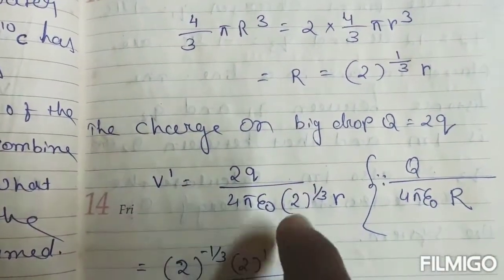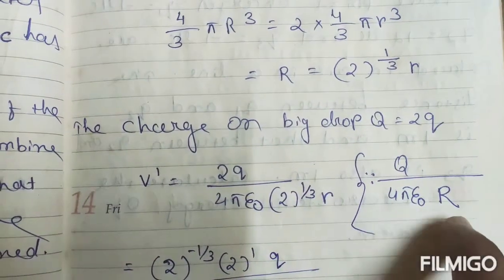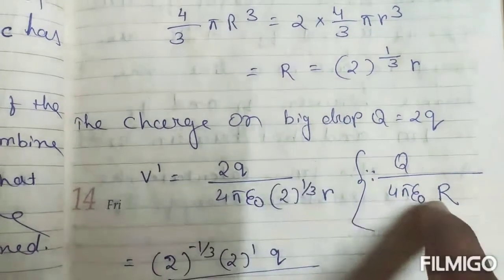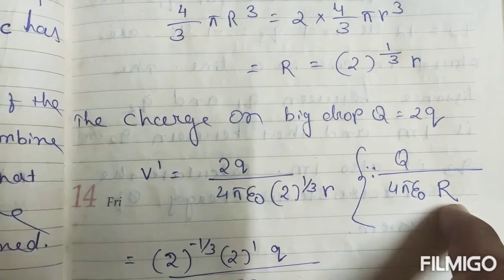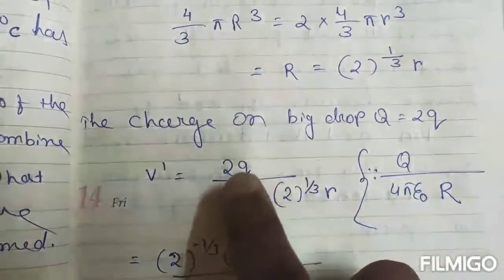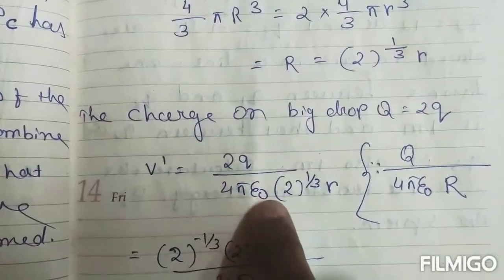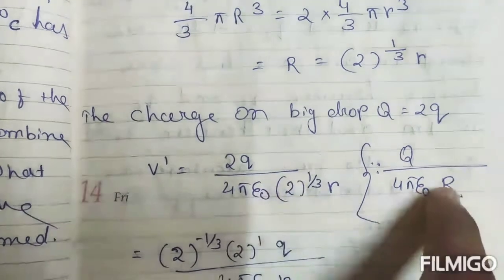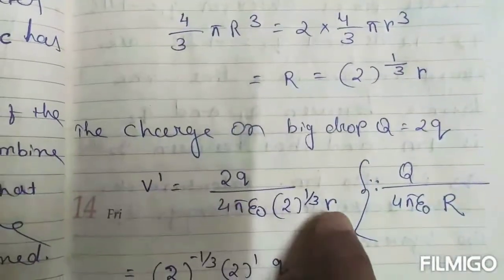V dash is Q / (4πε₀R), with capital R because we need the bigger drop's radius. Placing the values, that is 2Q divided by 4πε₀ into 2^(1/3) r.